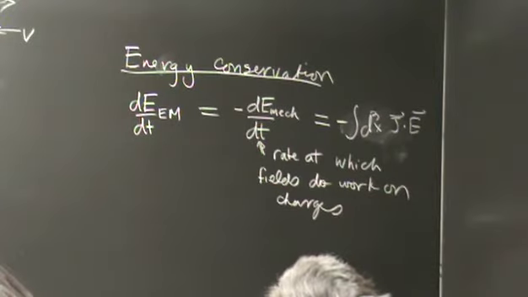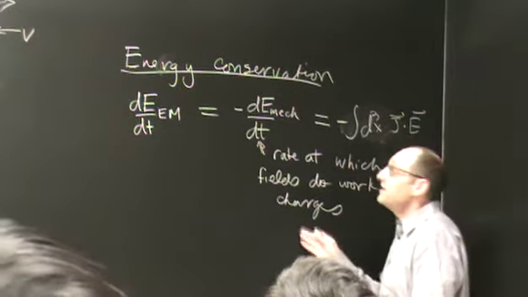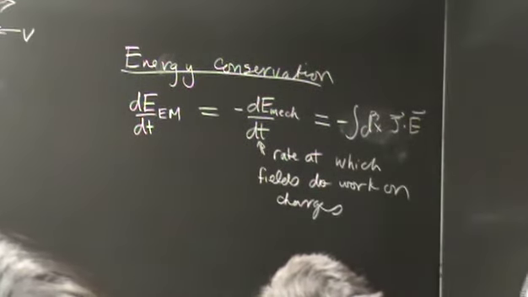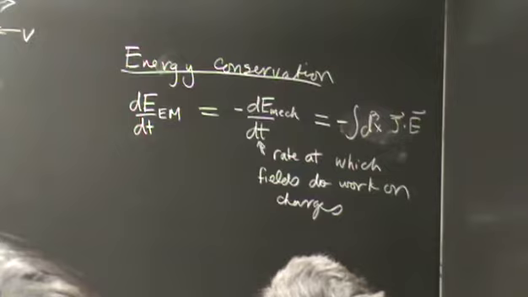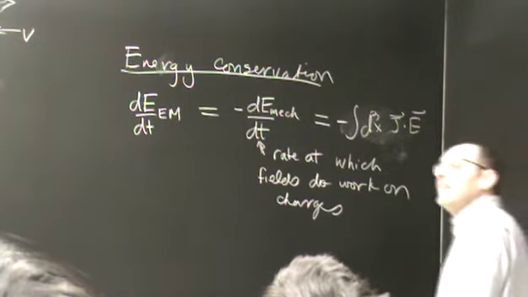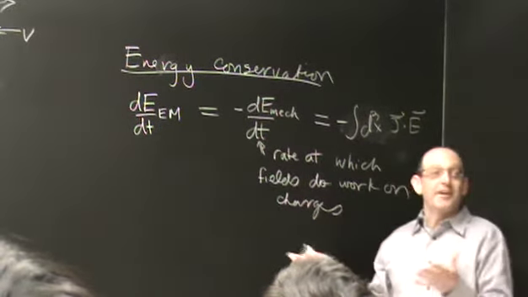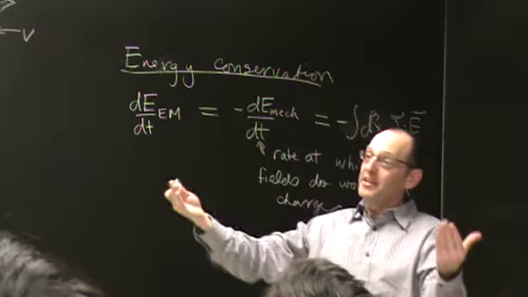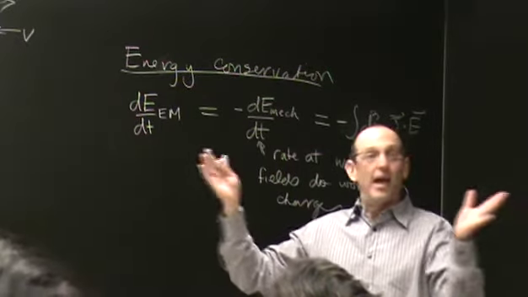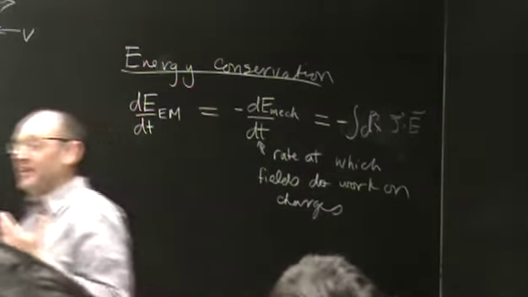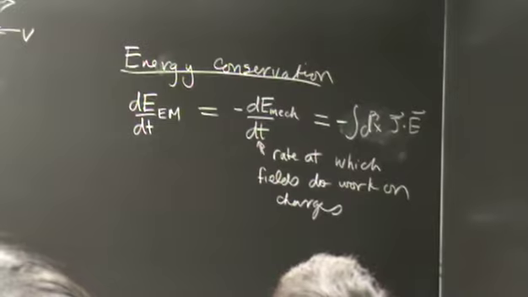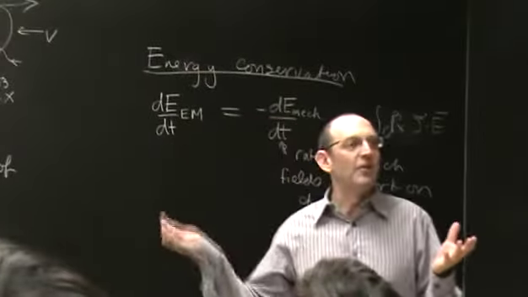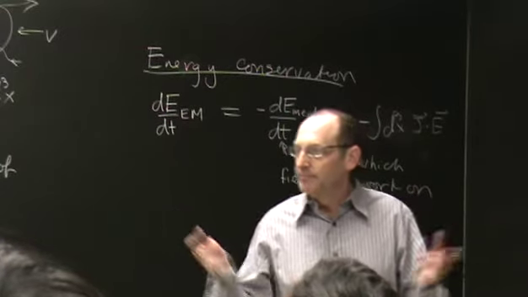So the mechanical energy of the charges can change due to work done upon them by the fields. Or vice versa, the negative of the work done on the charges is the energy that's going into the field. So if the charges are losing energy, the only place that's going in this case is, well, it could be heat or a field. That's where it could be residing.